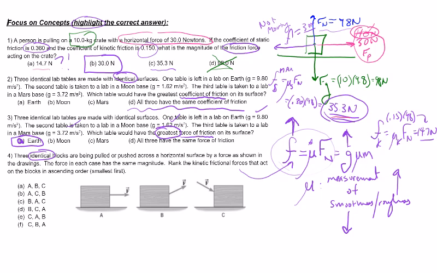So if I start looking at this particular problem, in A, they pull horizontally. So all we have is friction acting in the opposite direction. And they're pulled across a horizontal surface as shown in the drawing. It doesn't actually say whether they're accelerating or not, but our kinetic friction would pop in like that. So let's assume it moves at constant speed. These two would just equal each other.